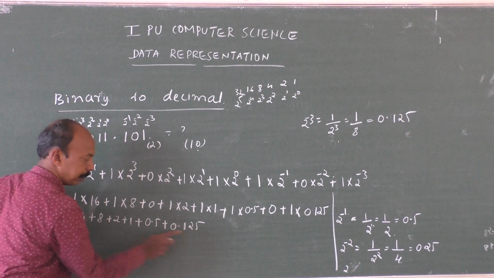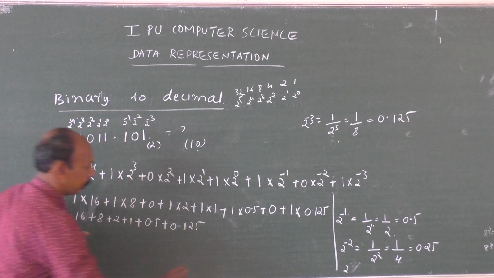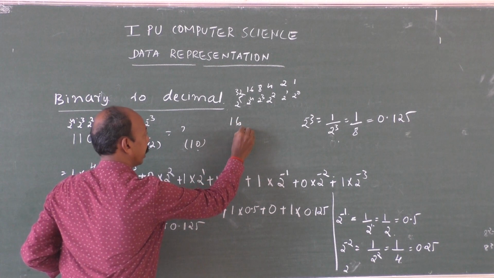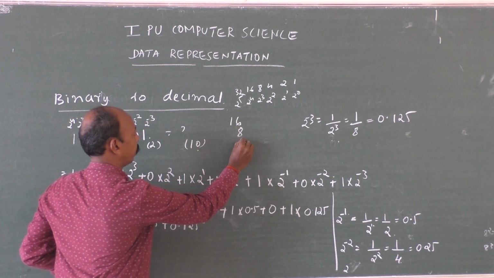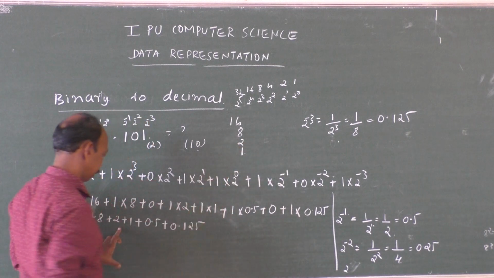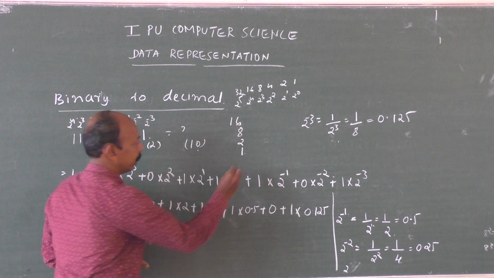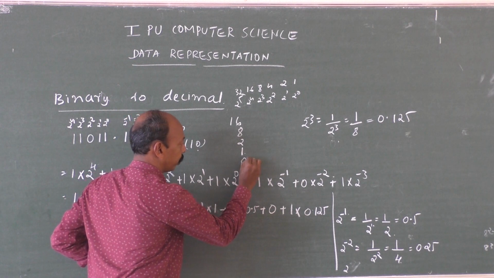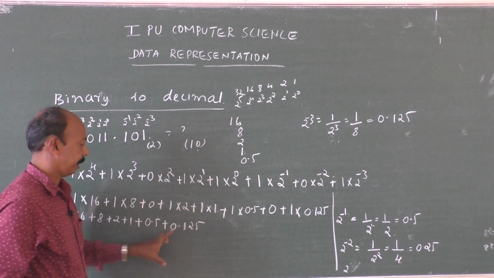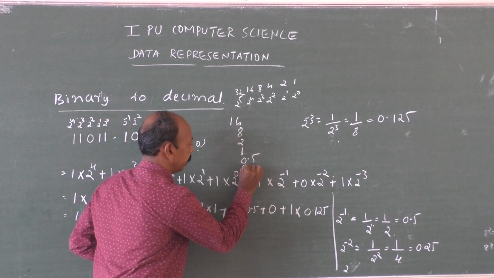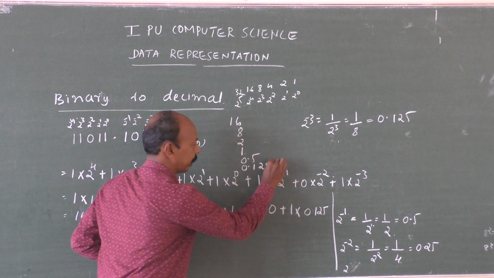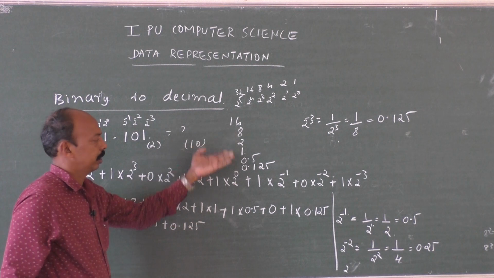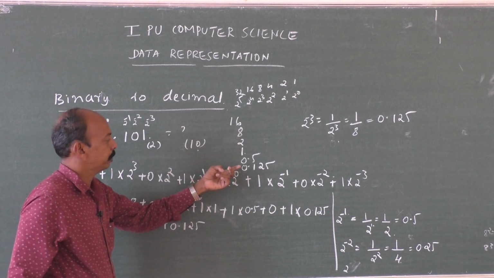This is a fraction. Be careful. If you want, somewhere you write down like this: 16, 8, 2, 1. Below that, it's 0.5. Don't write 5 here. It is 0.5 and 0.125. Directly you can add it here, but if you have any confusions, for that purpose I have written it here.